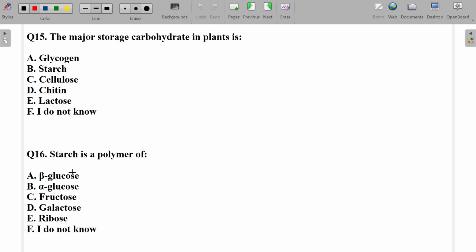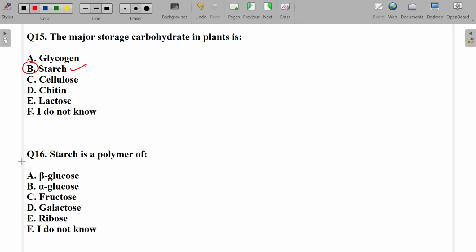Okay. Then question 15. The major storage carbohydrate in plants is A. Glycogen. B. Starch. C. Cellulose. D. Chitin. E. Lactose. F. I do not know. Starch. Yes.